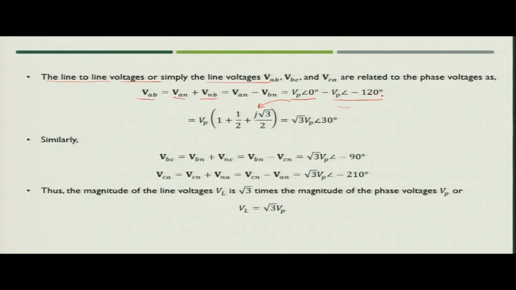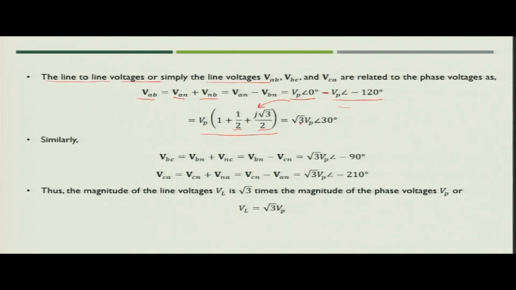Then when you simplify, cos 60 becomes 1 by 2 and sin 60 becomes root 3 by 2, and since both are in the third quadrant you will have a minus sign in both cos and sin, and since the minus sign is again on the outer side of VBN, you will simply get plus 1 by 2 and plus root 3 by 2. So, you will get this as the rectangular output of VP angle 0 minus VP angle minus 120 degrees.